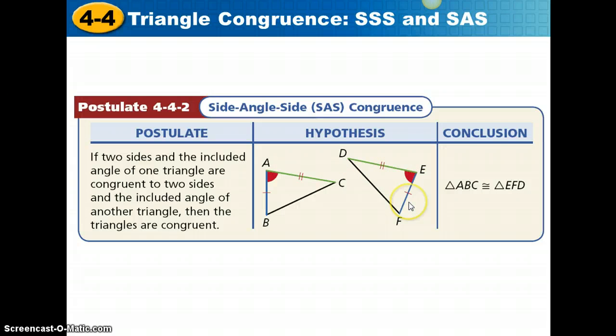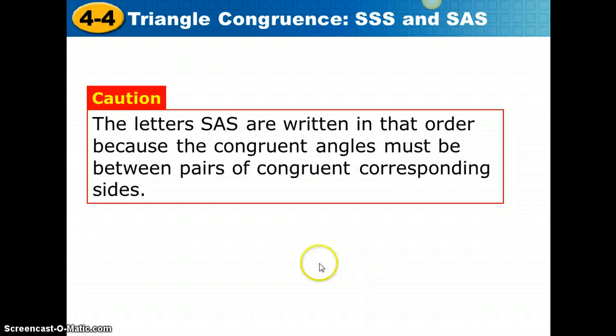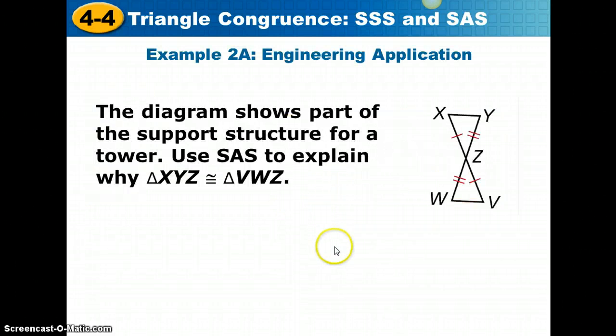We don't even have to say all three sides if we know one angle of this triangle is congruent to the same corresponding angle in this triangle when those are the included angles. The letters SAS are written in that order because the congruent angles must be between the pairs of congruent corresponding sides. So let's use that to do example 2a.